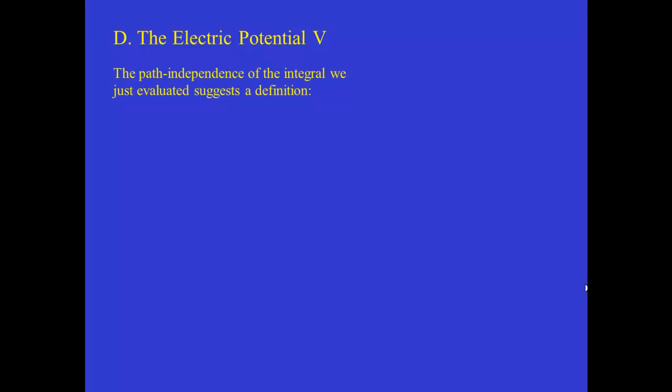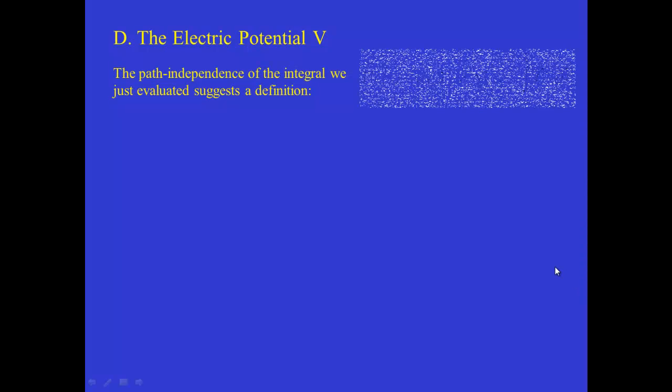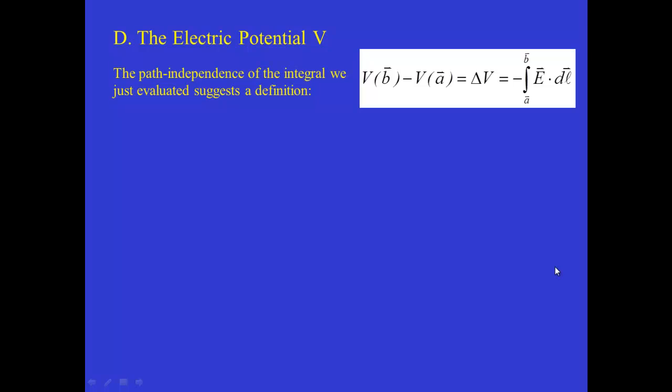What we talked about last time involved the path independence of a special kind of integral involving the electric field. And we found that if you integrate the quantity E dot dl between 2 points A and B in space, for an electrostatic field, the result only depends on the initial and the final point, and not the path.